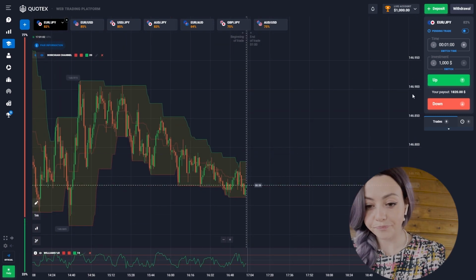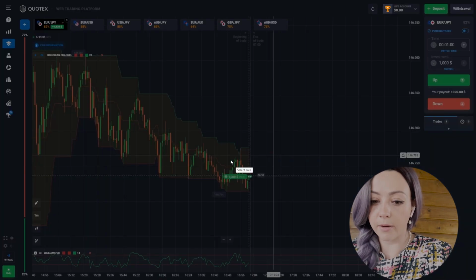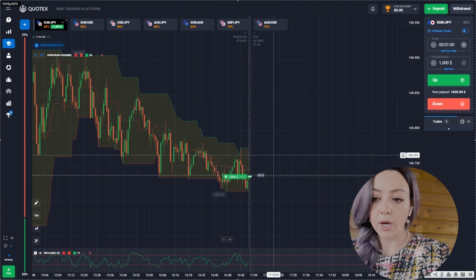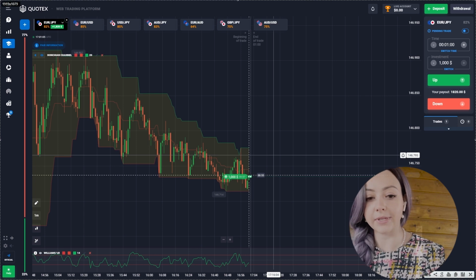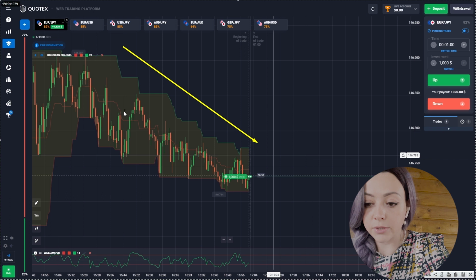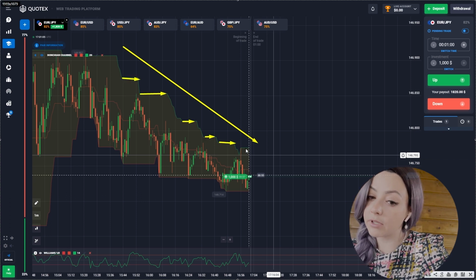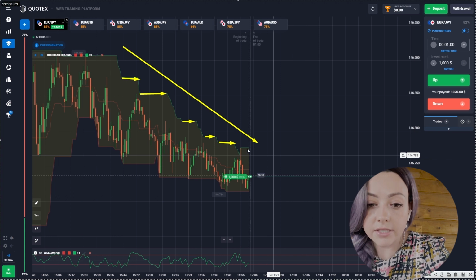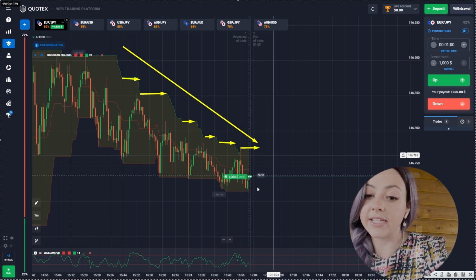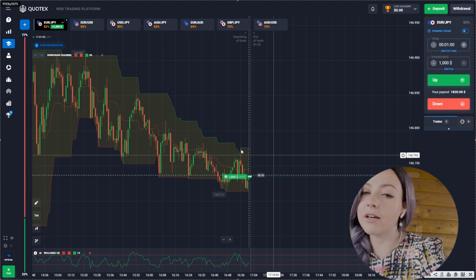Here we go. And I would like to enter the uptrend. Why did we enter the uptrend? What can we see right here? At the moment, we can see that the general tendency is going downward, but there are some areas of flat gaps, which will lead to a little consolidation.